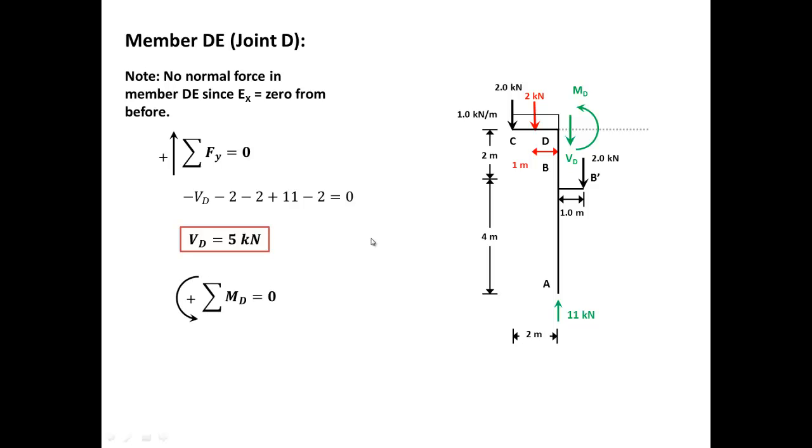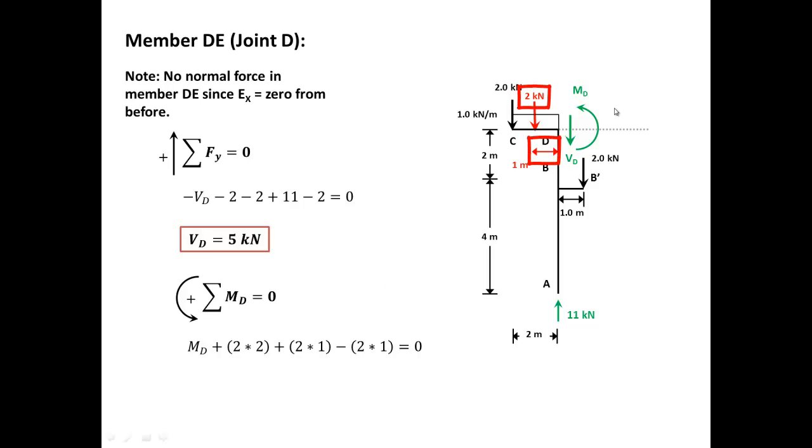Now if I do the summation of the moments about point D, MD, now I'll go to this force, which is 2 times 2. That's the 2 kilonewtons times 2 meters. That's the distance. And the rotation is counterclockwise, so it's positive. Now, 2 times 1.